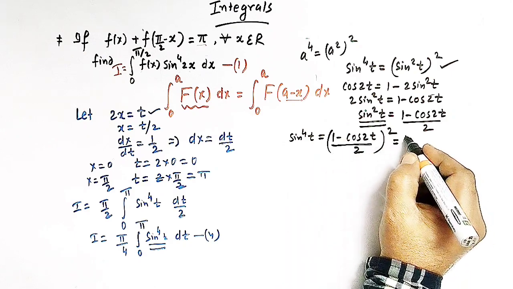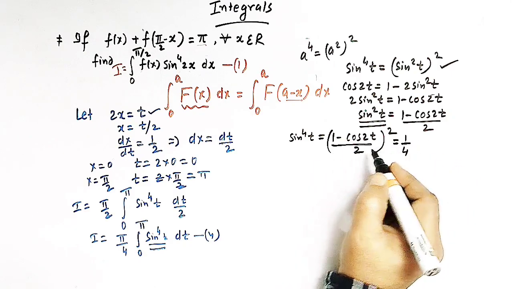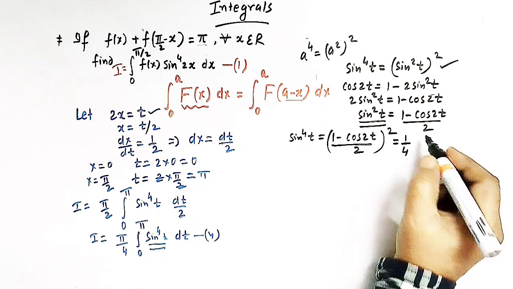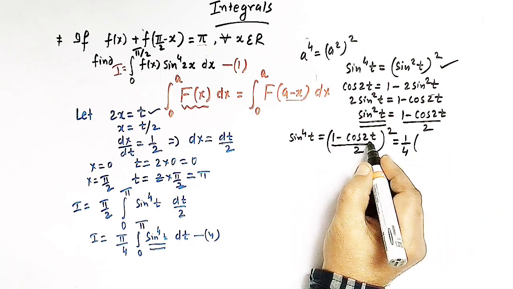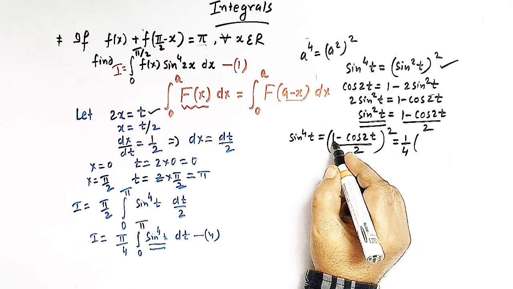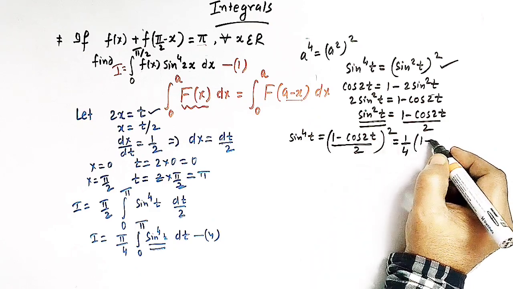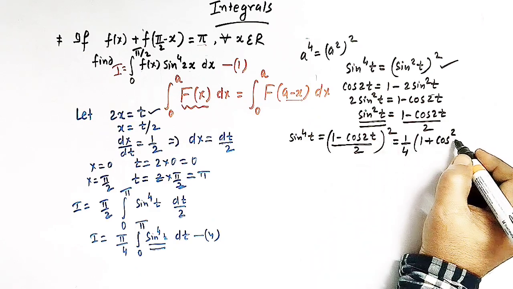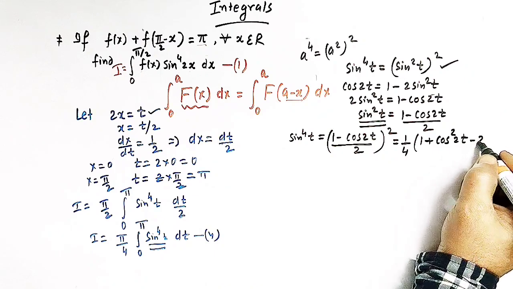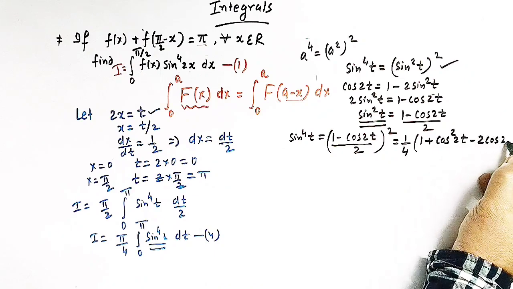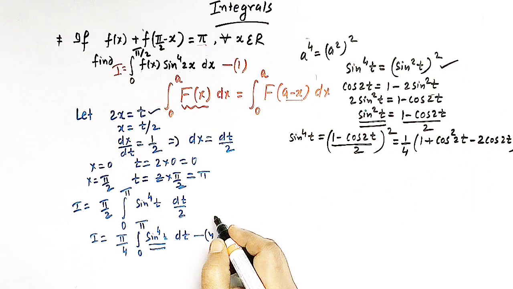So let us write it as 1 over 4, the square of 2 is 4, and here we can now apply the identity for (a minus b) whole squared. So we have 1, then plus cos²2t minus 2 times cos 2t, right?